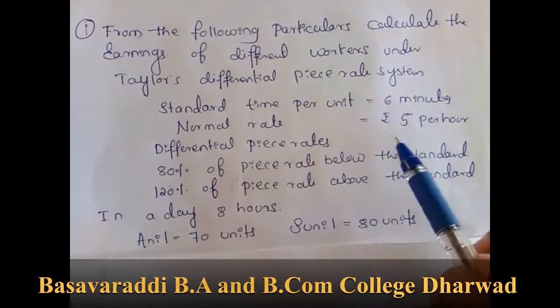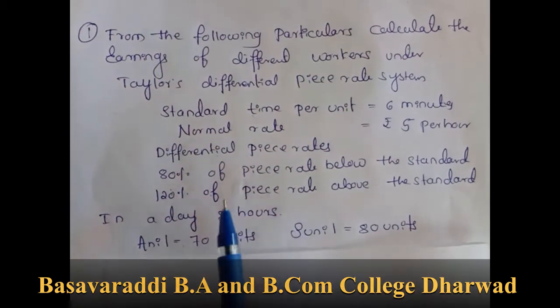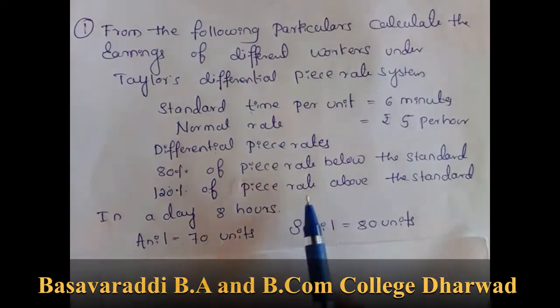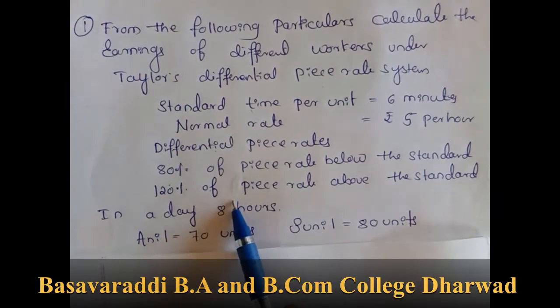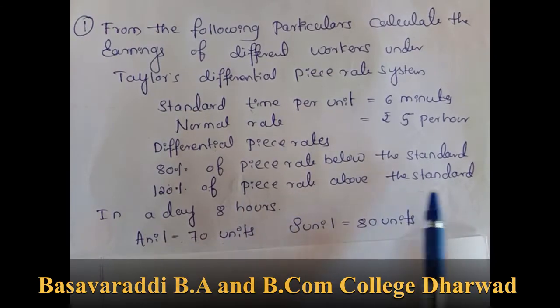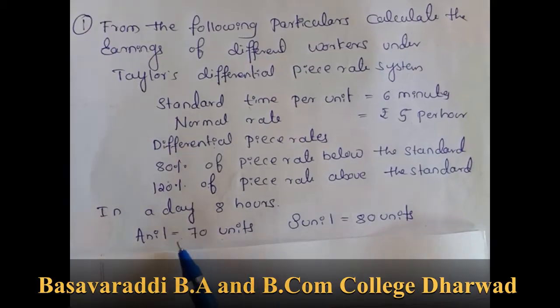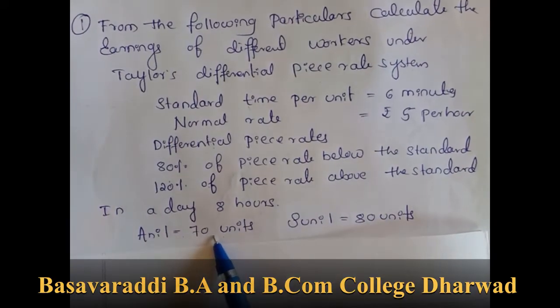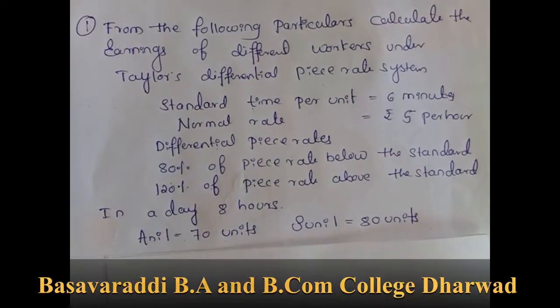Normal rate rupees 5 per hour. Differential piece rates: 80% of the piece rate below the standard, 120% of the piece rate above the standard. In a day, 8 hours. Anil produces 70 units, Sunil produces 80 units.